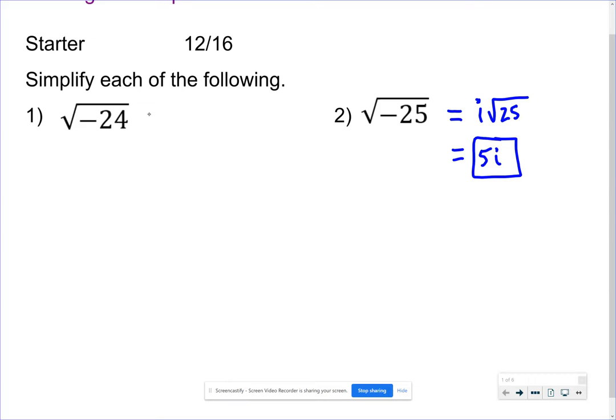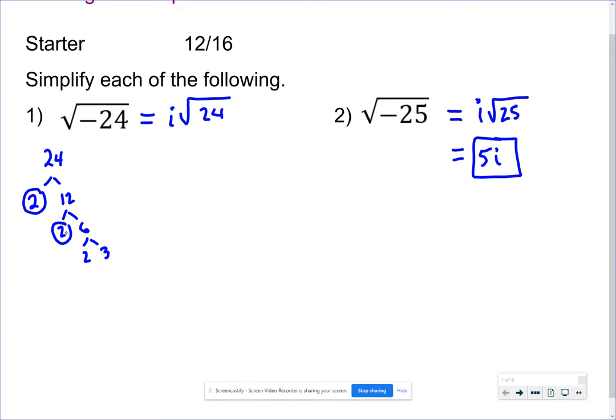Number 1, we're going to bring the negative out as an i. This one's going to be more complicated because 24 is not a perfect square. So we're going to take that 24 and break it down as 2 and 12, 2 and 6, 2 times 3. So 24 is 2 times 12, 12 is 2 times 6, 6 is 2 times 3.